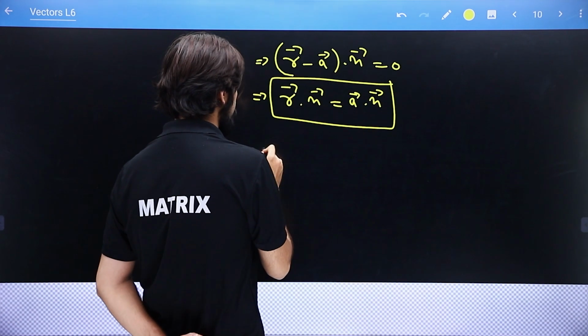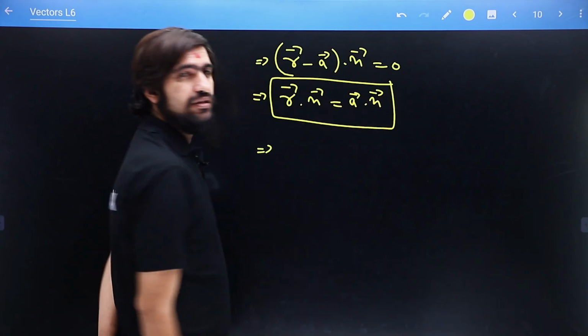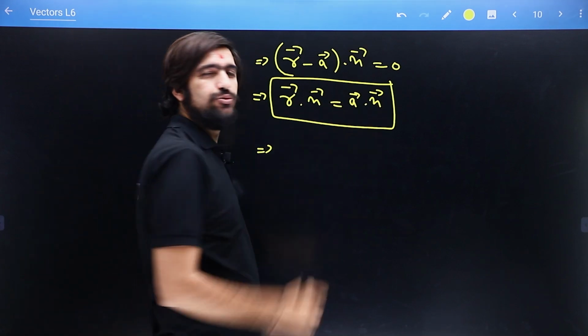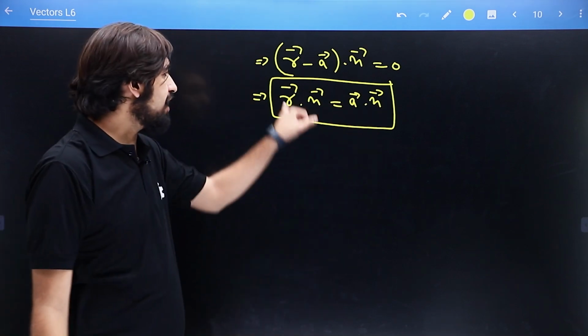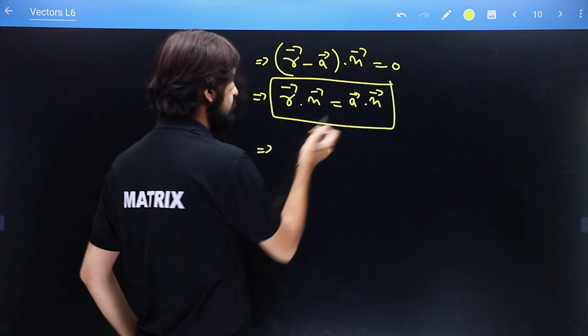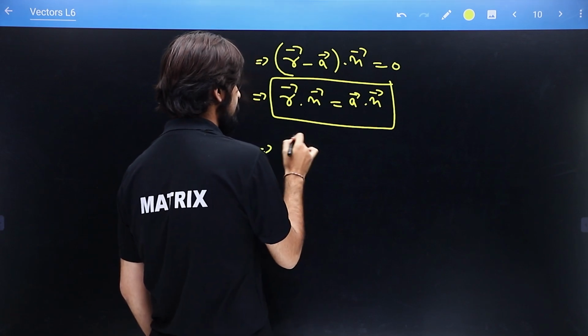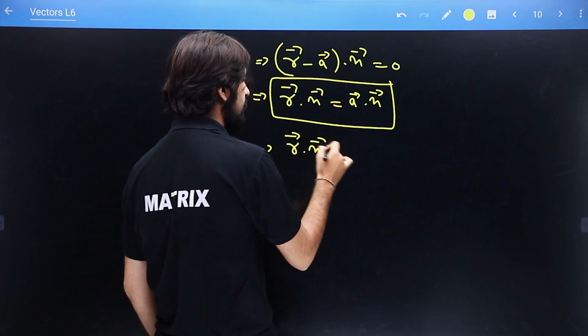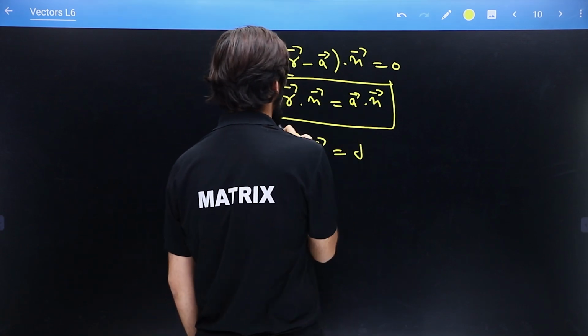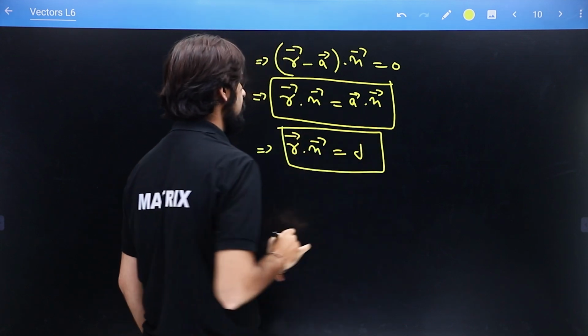But in some textbooks, because A dot n is a scalar, A is known, n is known. So A dot n will be known, R is unknown. So in some textbooks, they are writing it like this: R dot n is equal to d. So this is your equation of plane.